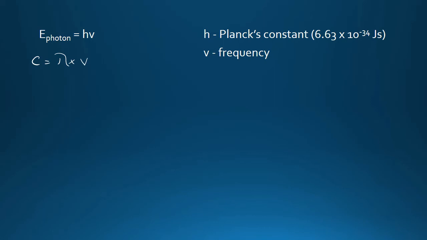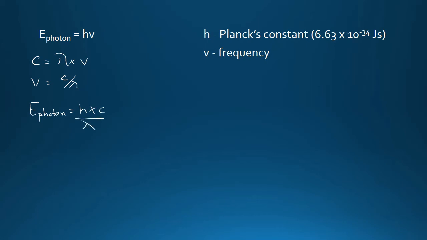If we rework this, frequency equals the speed of light over wavelength. Because the speed of light is a constant, h is a constant, and the wavelength of radiation can be measured very easily, we can substitute this information. So we have E photon equals h times the speed of light over the wavelength of light.